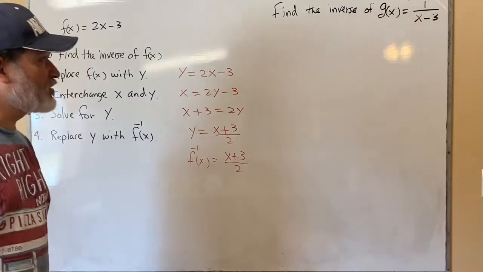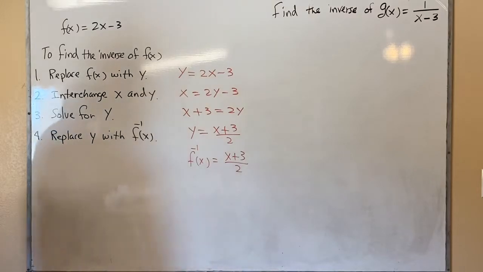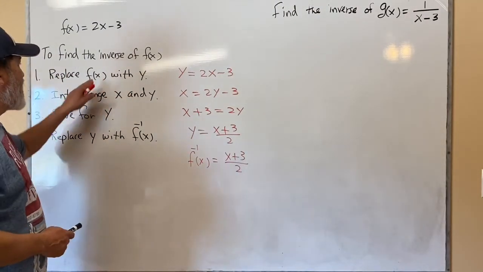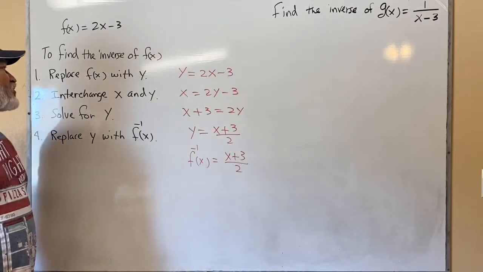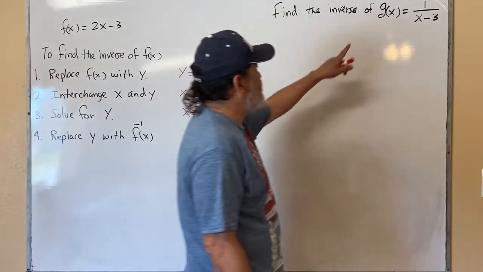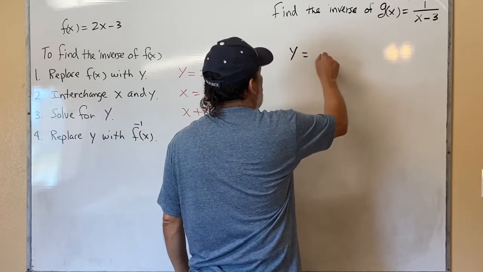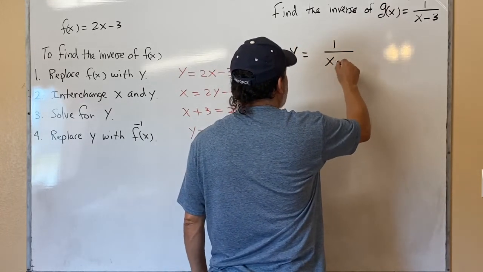Okay, no problem. Step number 1, replace f of x, or in this case, g of x with y. This g of x is gonna become y. So y equals 1 over x minus 3.